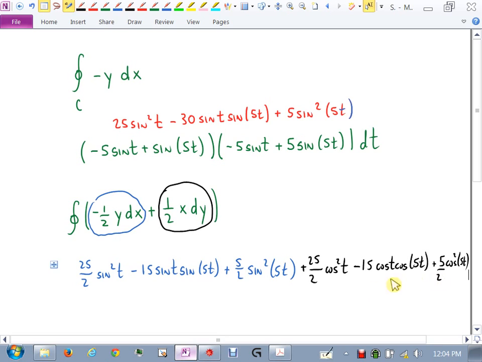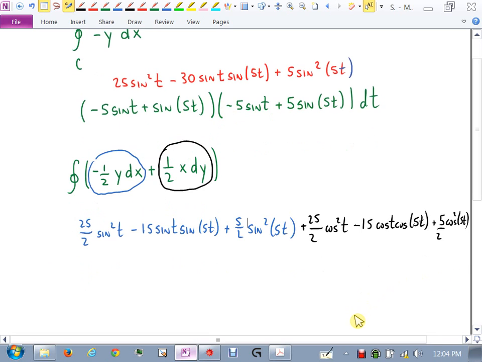Now, does this one look good? Check this out. What's 25 halves sine squared t plus 25 halves cosine squared t? That's just 25 halves. I still have the integral, okay? Integral. It's actually 0 to 2 pi.